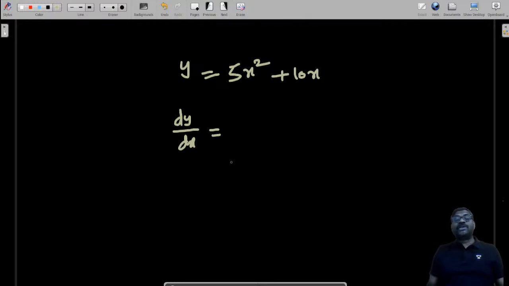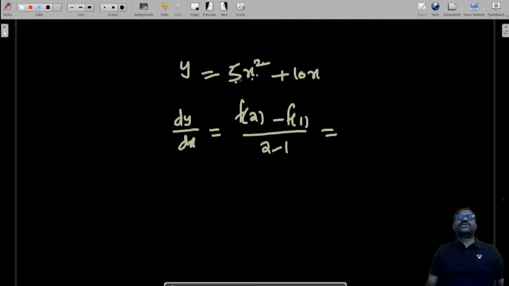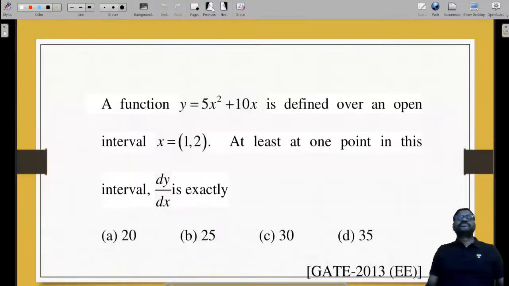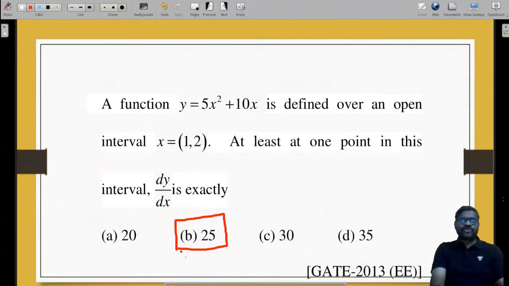By Lagrange's mean value theorem, (f of 2 minus f of 1) by (2 minus 1). f of 2 is 4 times 5, 20, 20 plus 20, 40. f of 1 is 15. So 40 minus 15 by 2 minus 1, that is 25. dy by dx is exactly equal to 25.